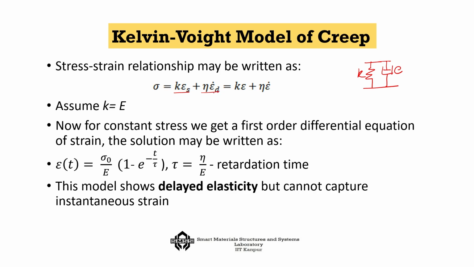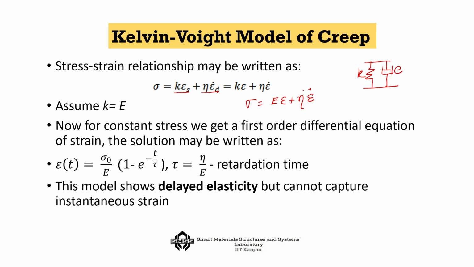There are two parts in it, and assume that K is E, then you are going to see that sigma is actually E epsilon. So, K is E if you keep it. So, sigma is E epsilon plus eta epsilon dot.